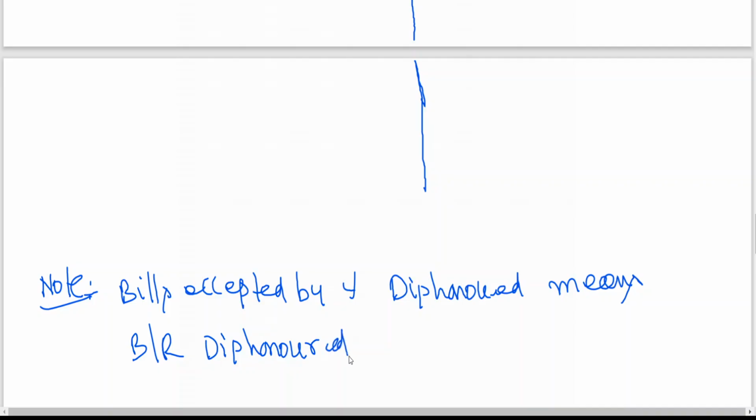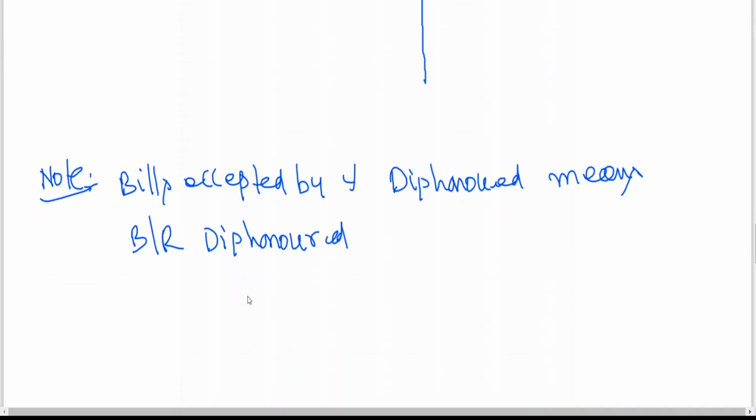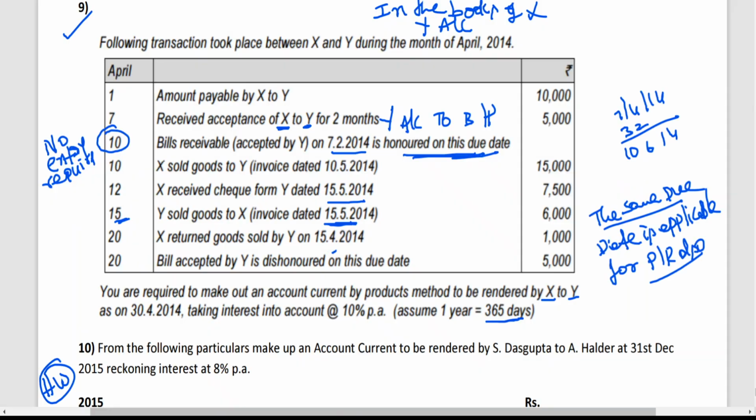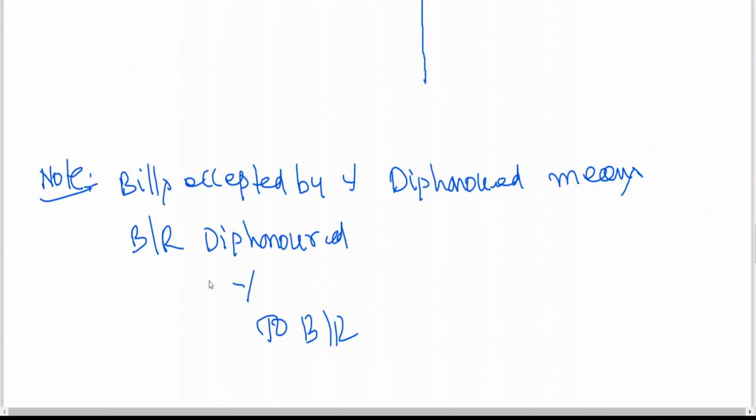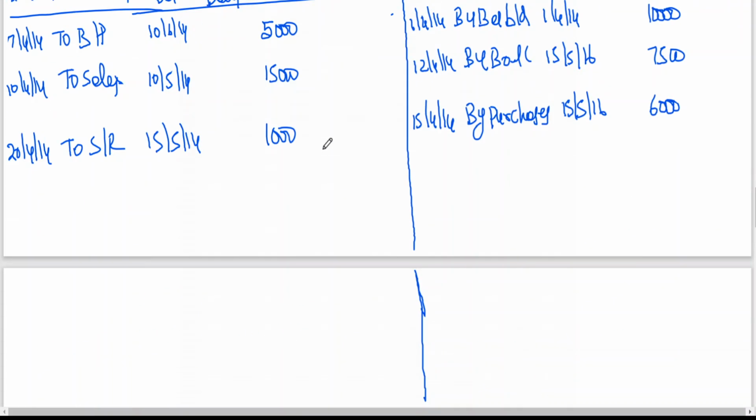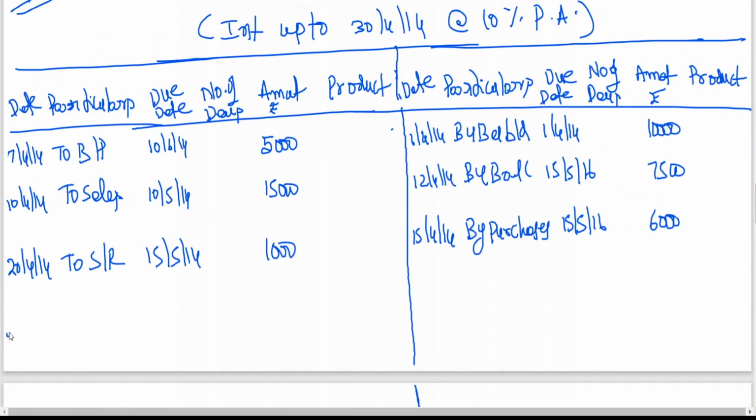The entry, you know that. Drawee account. Who is drawee? Y, to bills receivable. This is the entry you have learned in bills of exchange. Bills accepted by Y is dishonored on this due date, the 20th. 20th April is the due date. To bills receivable.